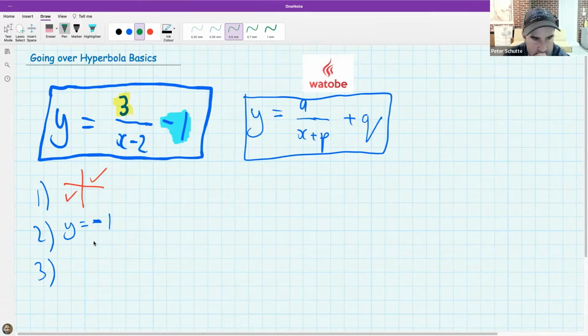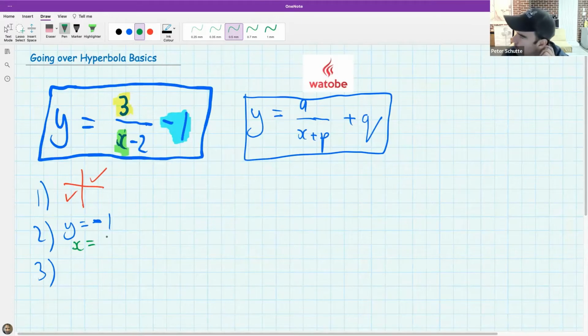With the x asymptote, it cannot equal p. It's the inverse of p. If p is positive, then it's negative plus the value. Exactly.